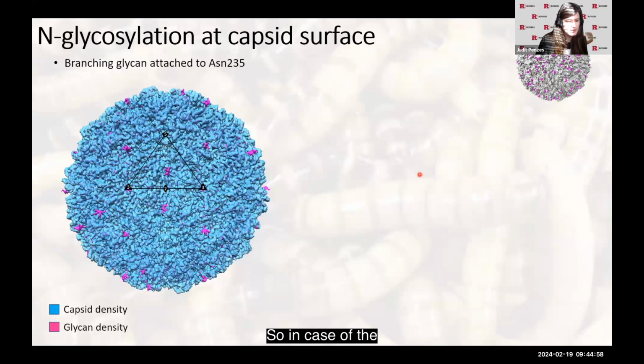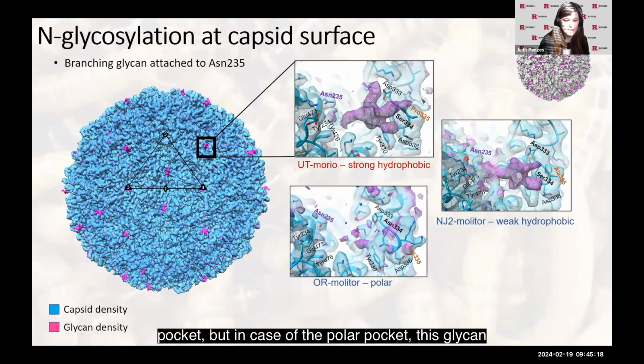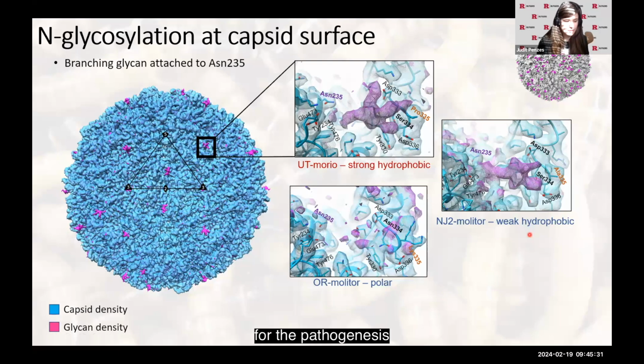So in case of the hydrophobic instance, as in the Utah strain and in the New Jersey Molitor strain, we can see a small molecule in here, which is probably an N-linked glycan that is associated to this hydrophobic pocket. But in case of the polar pocket, this glycan is either absent or disordered, as we see it in the Oregon Molitor strain. So why is this important information for us for the pathogenesis of ZMBWV?